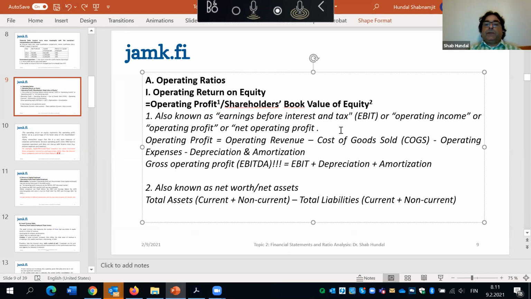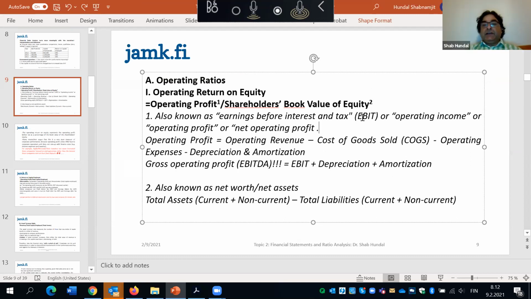Most likely, they will not be using the word operating profit, but you have to detect where the operating profit is. Operating profit can be measured by EBIT, earnings before interest and tax.